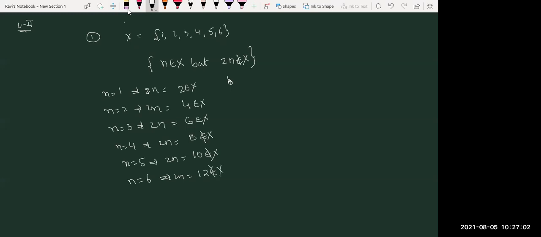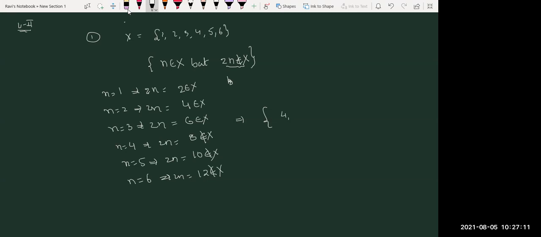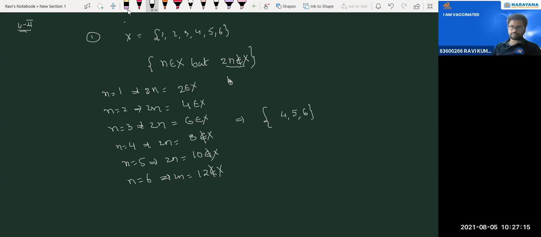Now we have tried n belongs to x, but 2n does not belong to x. Which are the numbers? 4, 5, 6.